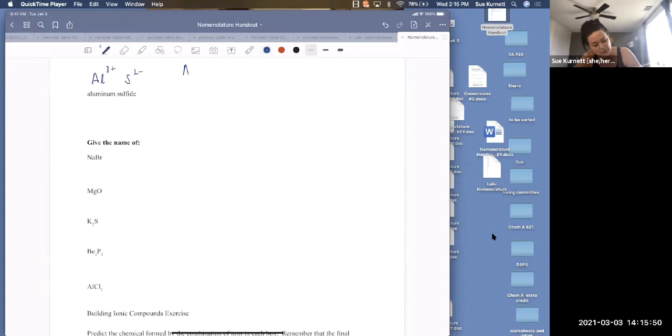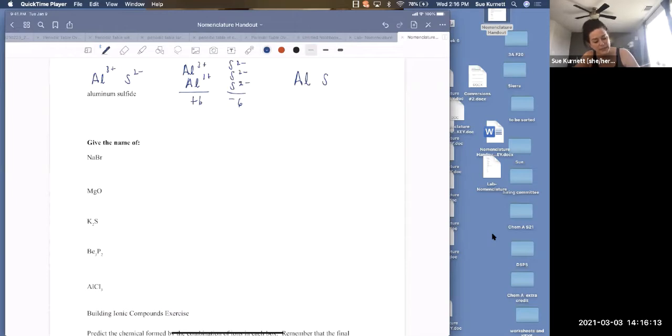I'm going to need 2 aluminum ions to get to +6, and 3 sulfides to get to -6. We put the cation first and the anion second, just like they are in the periodic table. The metals on the left and the nonmetals on the right.